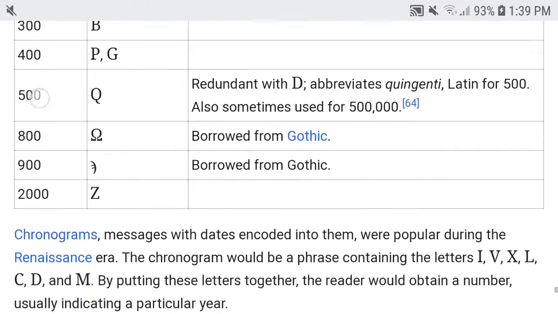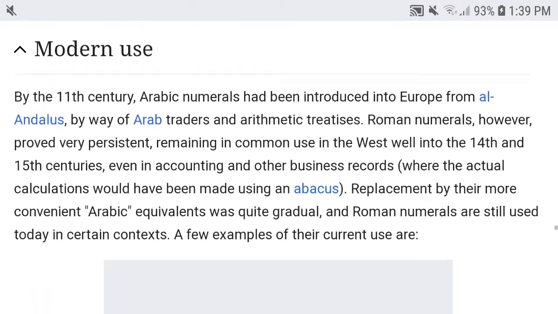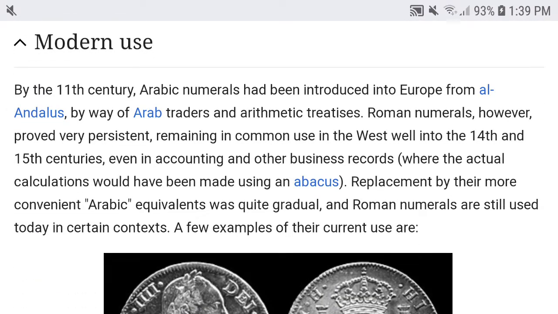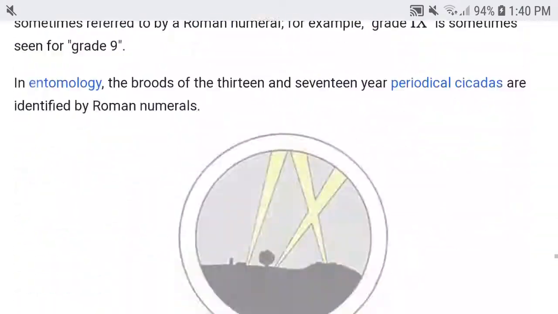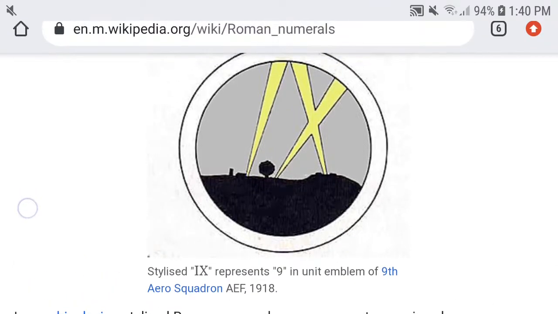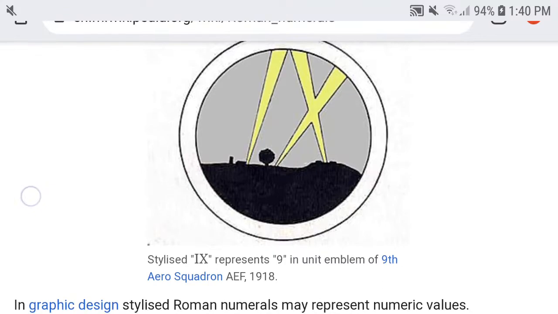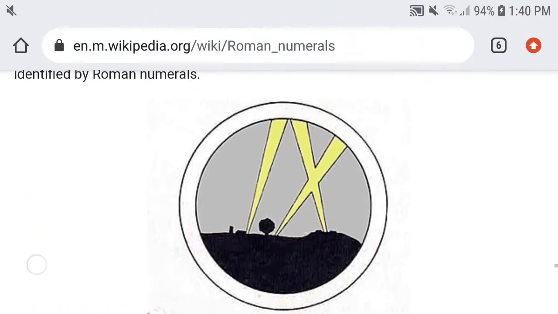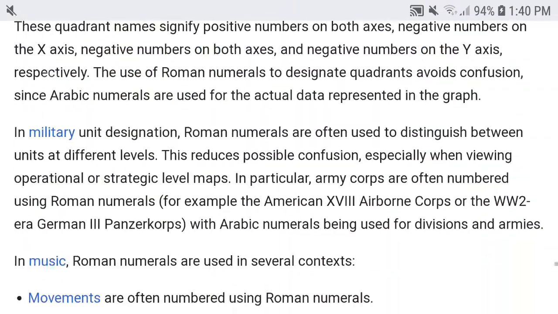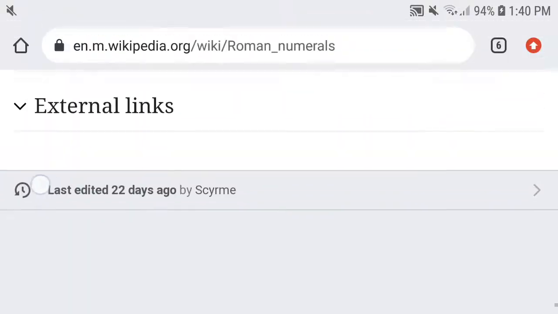Again, Roman letters. Is Roman letters the same as Greek letters? Probably not. But okay, that is that. What is this? Stylized 9 represents 9 in the unit emblem of the Ninth Aero Squadron. Yeah, this is just all the uses.